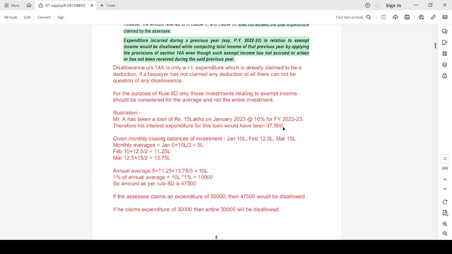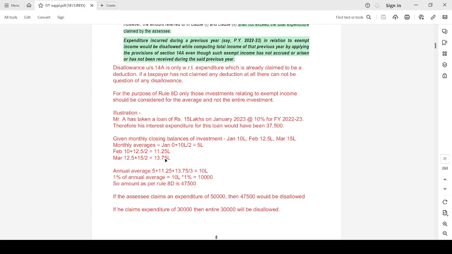Then I should calculate the average. I've taken the loan only in Jan, so it is assumed I'm going to start investment from January. So monthly averages will be: for Jan, 0 plus 10 lakhs by 2, which is equal to 5 lakhs. February, it is 10 plus 12.5 by 2, it is 11.25 lakhs. And March, 12.5 plus 15 by 2, 13.75 lakhs.